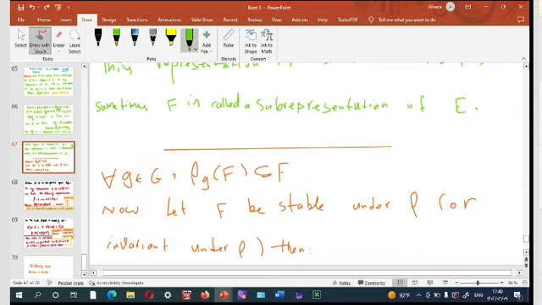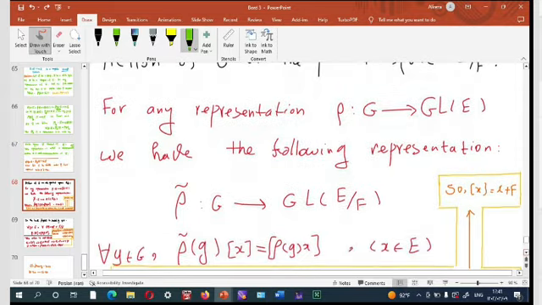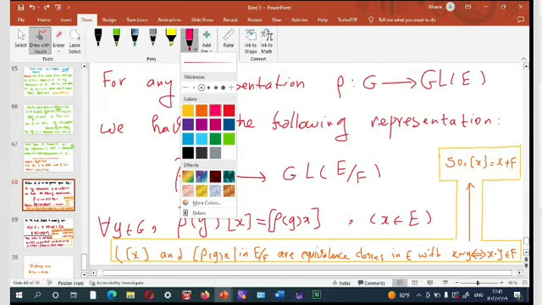Then the restriction of rho to F and the action of G on the quotient, from G to GL of E, we have the following representation: rho tilde from G to the group GL of E divided by F, by this function rule.